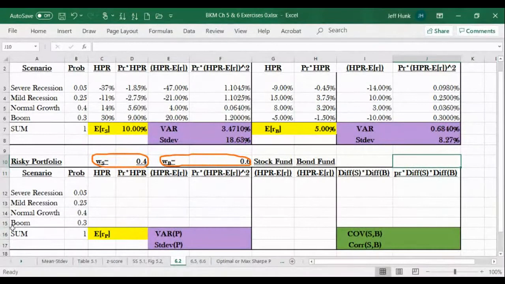But if we construct a risky portfolio with stocks and bonds with these weights, then our holding period return will be, we'll have to apply this weight.